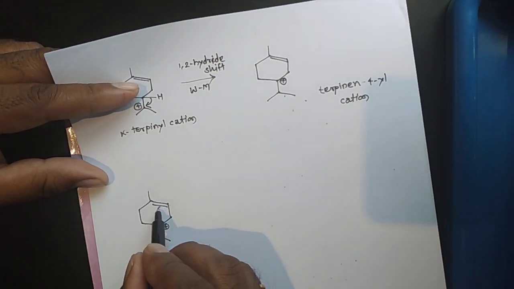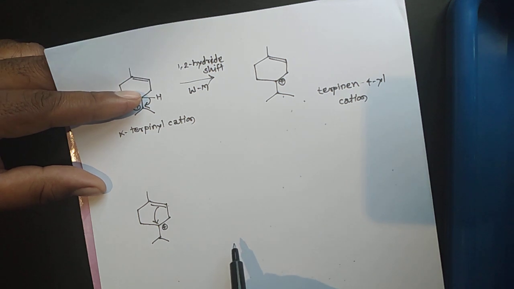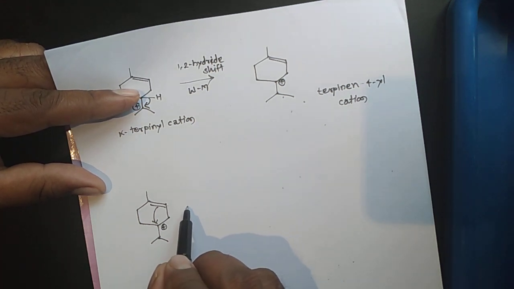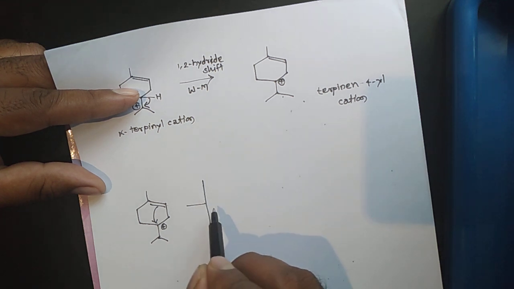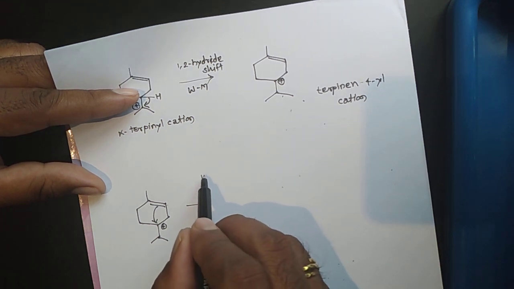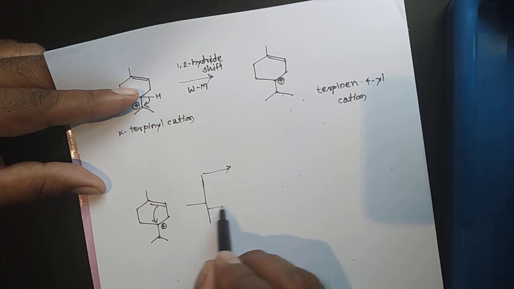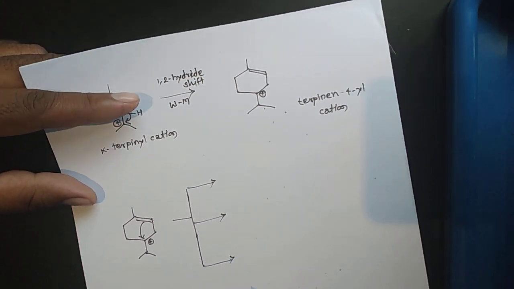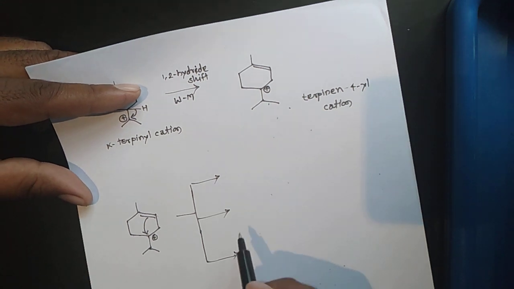So there will be shifting like this. Then we can prepare 3 different compounds. I will try to write them down.